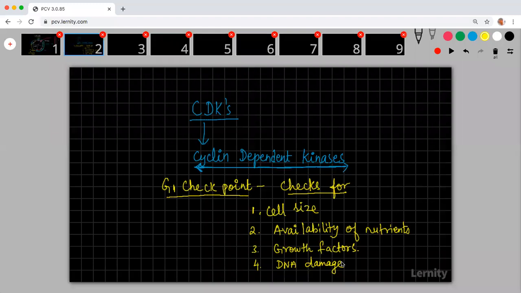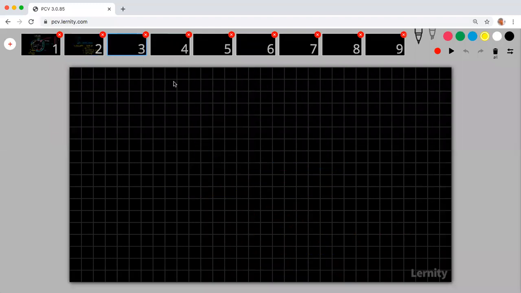Okay, so this G1 checkpoint is also called the restriction point.